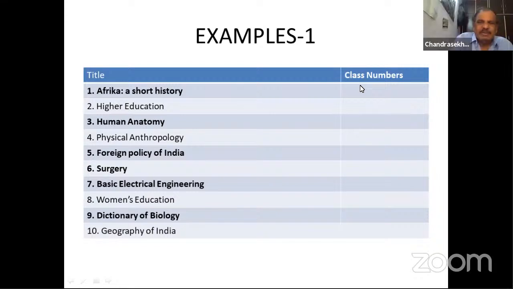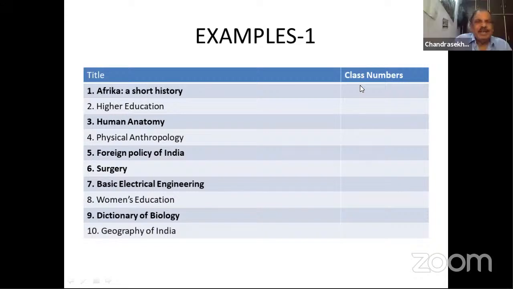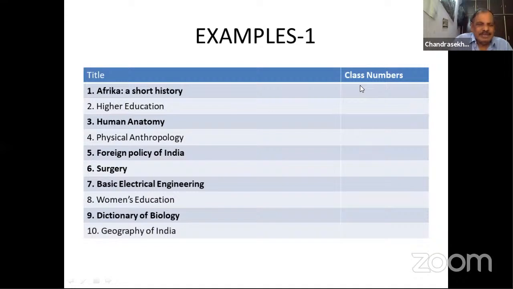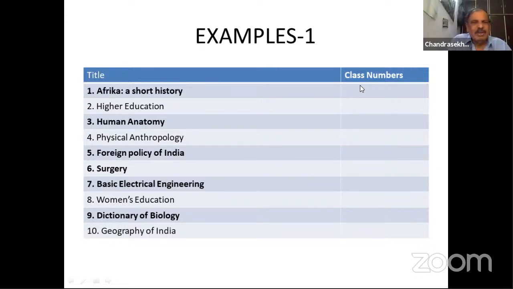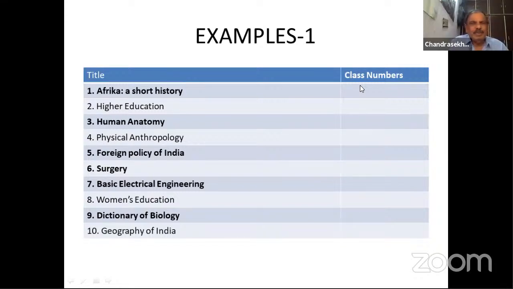You go to the third summary. 611. Human anatomy is number 611.